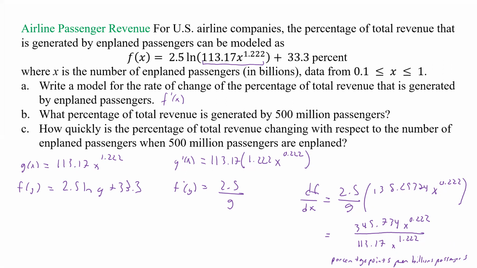Now we could simplify this more, because we could take this divided by this and this divided by this and get a really simple answer. But for now we'll leave it as that. What we could do is take 345.734 divided by 113.17, and that would be 3.055.